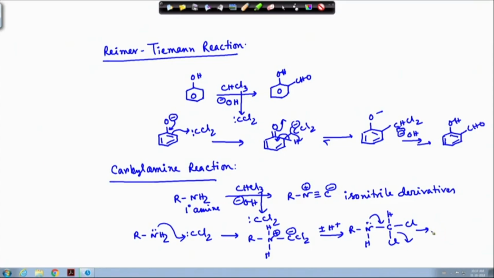So, basically that will give, okay. Now, this can nicely generate in presence of base, in presence of basic medium. Okay. So, this can generate the corresponding isocyanide. Okay.